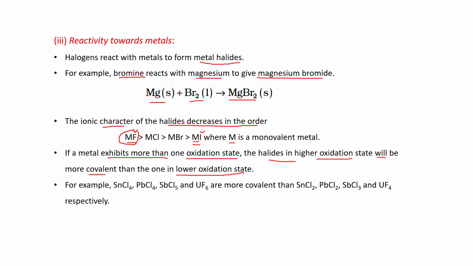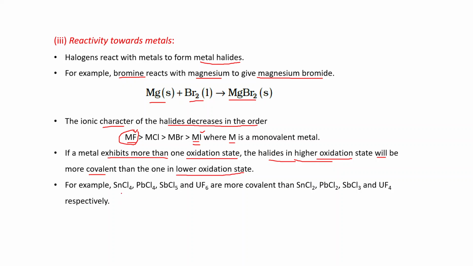The more the positive charge, the more the polarizing power. And according to Fajan's rule, more polarizing power means more covalent character. Is it clear? That's why in the higher oxidation state, compounds are more covalent, and in the lower oxidation state, compounds of the same metal have less covalent character.